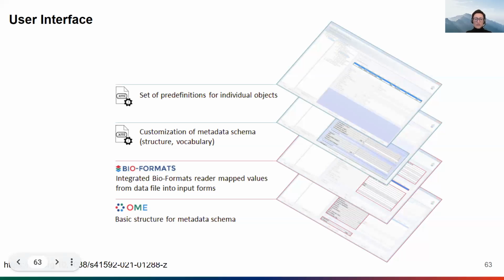And the last level is that you could also integrate pre-definitions of individual objects. That could be hardware or instrument descriptions that the user can use to annotate the data. So where Bio-Formats fails to read out the metadata from the file, the user can add it with one click.